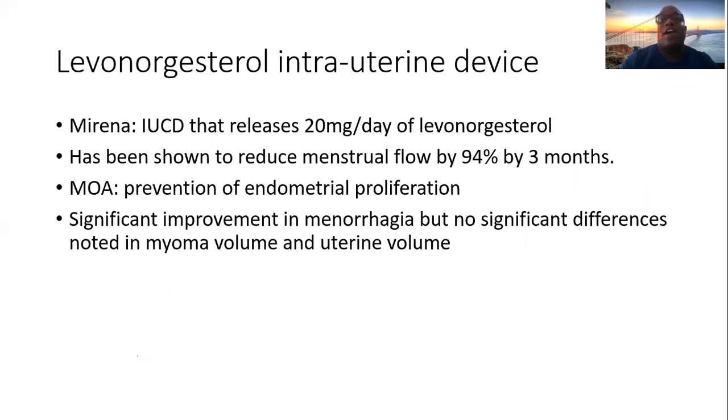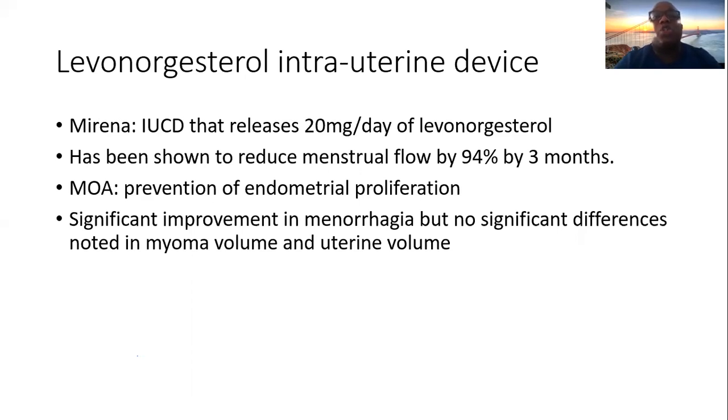We have the long-acting progesterone devices, commonly the Mirena. Mirena is an IUCD, intra-uterine device, that is inserted just like the normal coil. And this releases 20 micrograms of levonorgestrel every day.